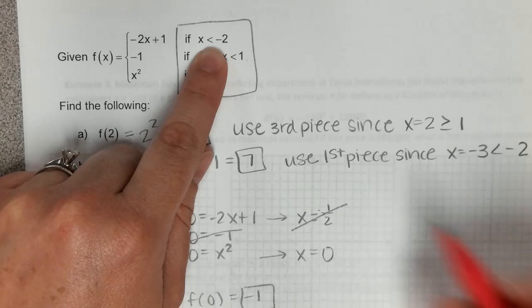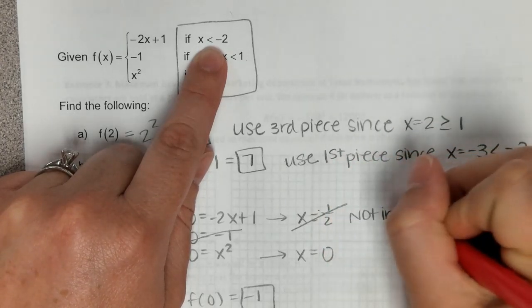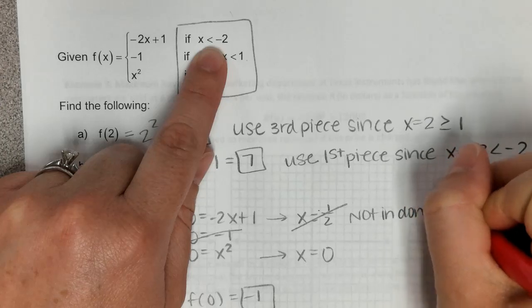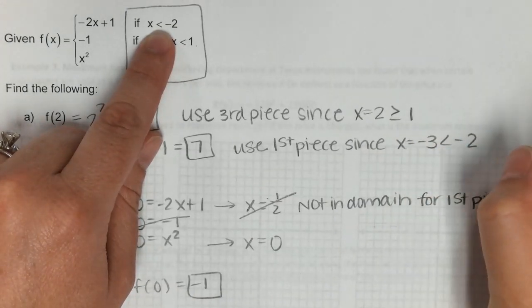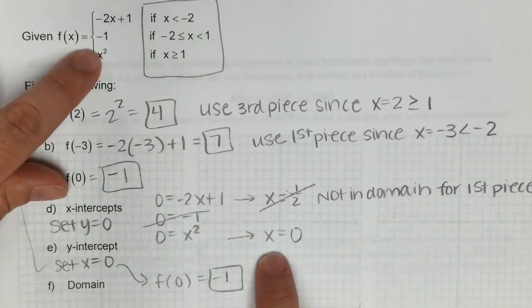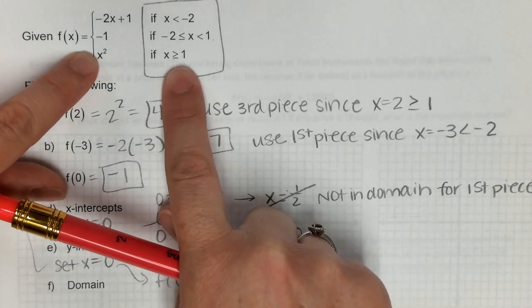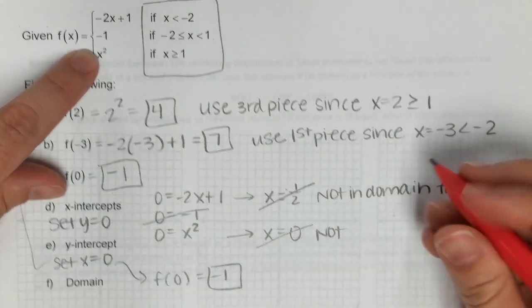No, this is not one of your x-intercepts. This is not in the domain for the first piece. Okay, and then that wasn't a solution. Here, third piece. Is 0 greater than or equal to 1? No. This is not in the domain for the third piece.